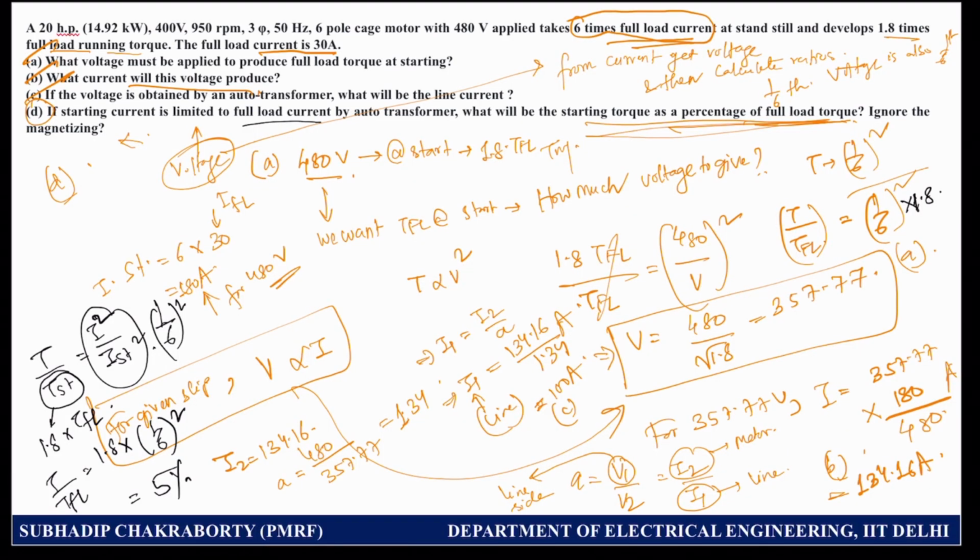So you see T by T start is I square by I start square. I start is 6 times IFL and I want I to be IFL. So 1/6 square. But this is T start. I need it to be TFL. So T start is 1.8 times TFL. So plug it in and then get T by TFL, which is 5%.